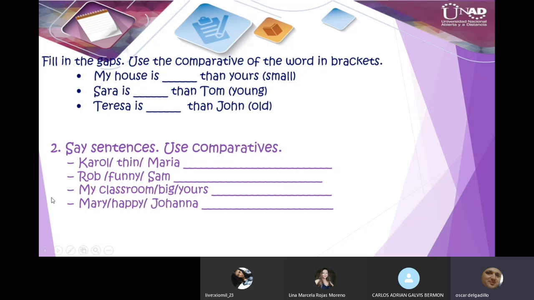Carlos, can you order these sentences? Carol is thinner than Maria. Rod is funnier than Sam.